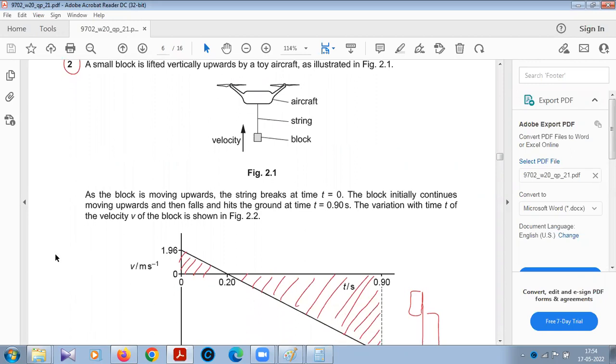The block initially continues moving upwards and then falls and hits the ground at t equal to 0.9 seconds. The variation of the velocity of the block. So they are not talking about the aircraft. They are talking about the block.